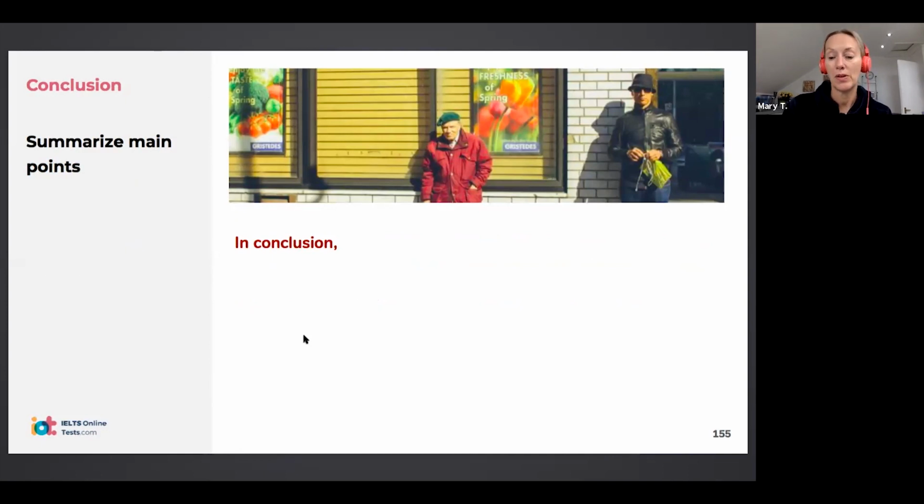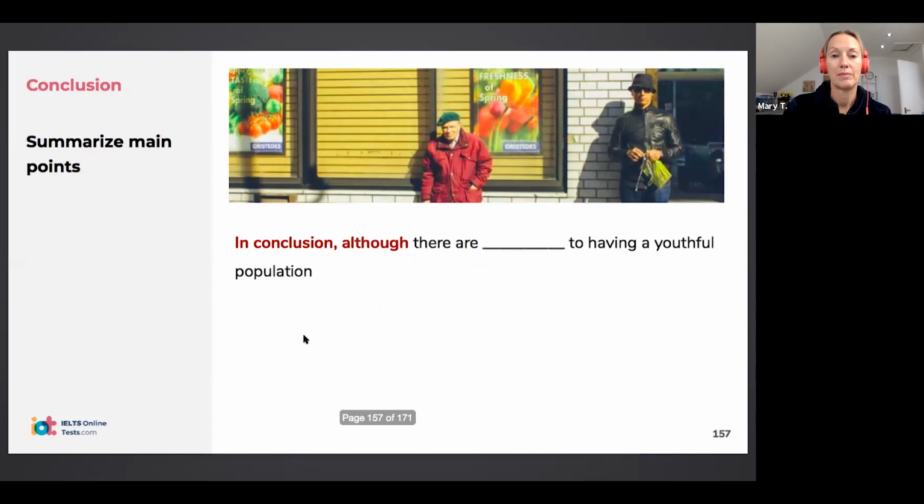So the conclusion, in conclusion, although there are, okay, so again, this is acknowledging the other side. There are, yes, good. So drawbacks. So yeah, you need to give a sort of negative word there. So there are drawbacks to having a youthful population.